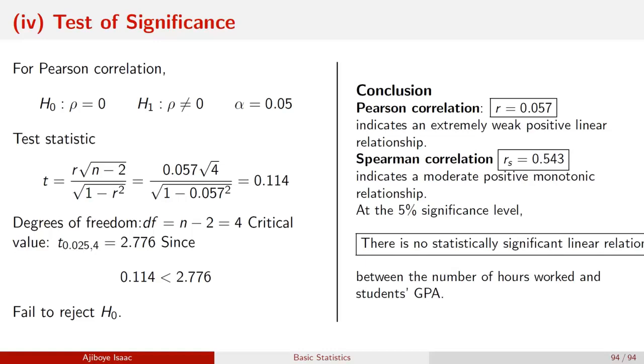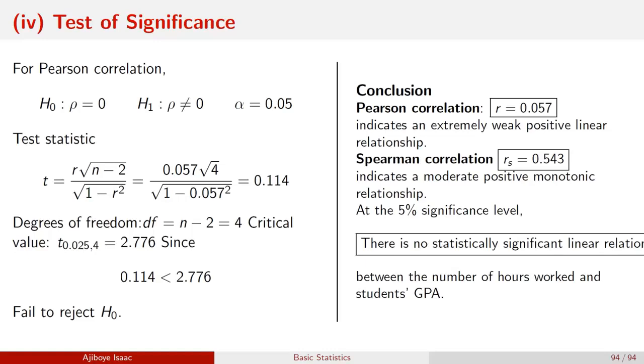At 5% level of significance, we obtain the test statistic, which is given as t equals r square root of n minus 2 over square root of 1 minus r squared. By the time we substitute the correlation coefficient we obtained earlier, our test statistic is 0.114.